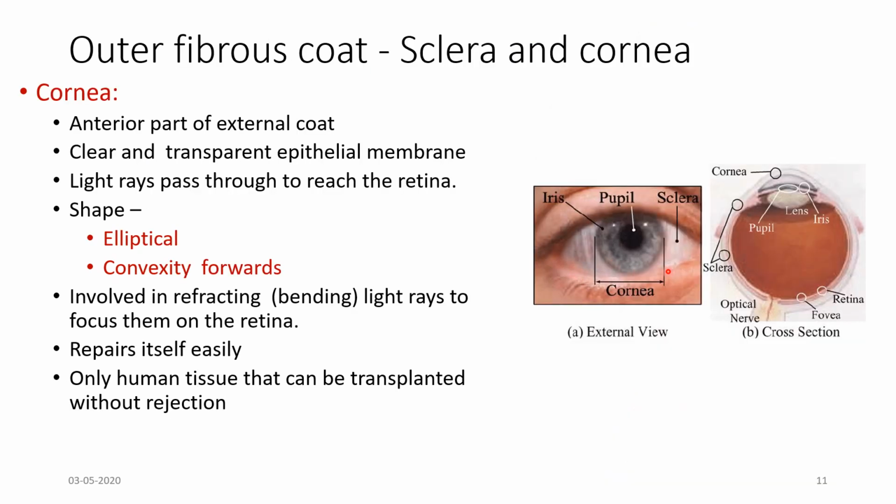The cornea is the external coat in its anterior part. It is a clear and transparent epithelial membrane. The light rays pass through it to reach the retina, and it is elliptical in shape with convexity forwards. It is involved in refracting or bending the light rays to focus them on the retina.